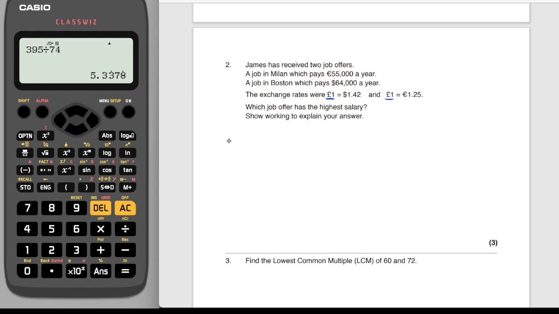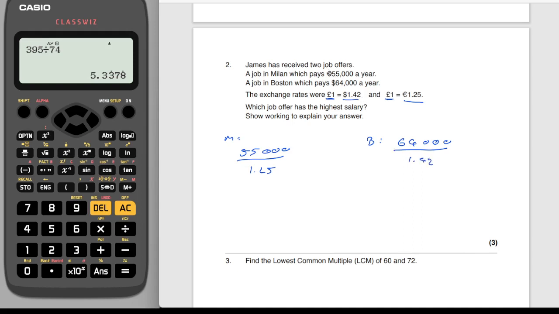The job in Milan is worth 55,000 and we'd need to divide by the exchange rate, which is 1.25. For the job in Boston, I need to do a similar thing, 64,000 divided by the exchange rate, which is 1.42.